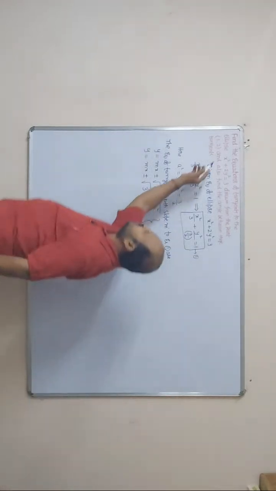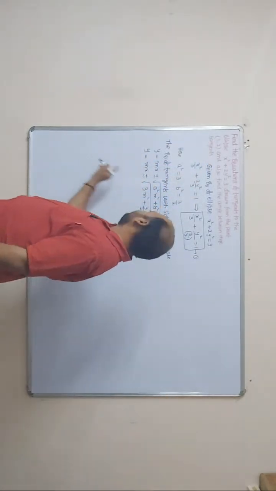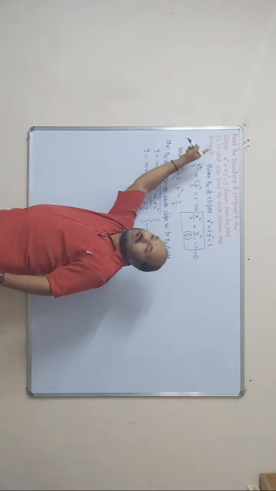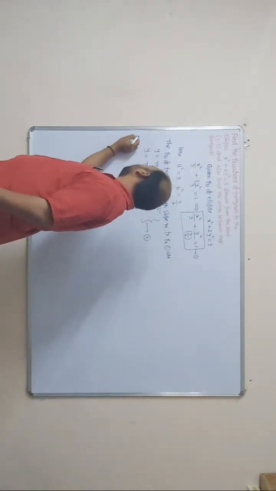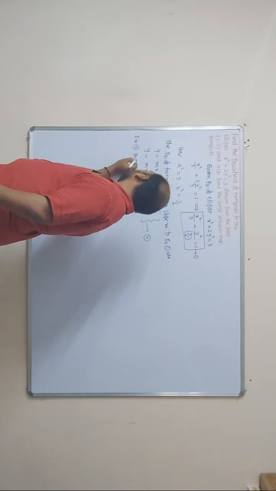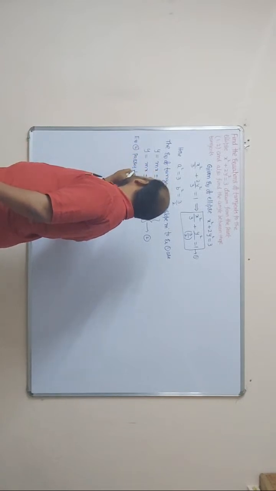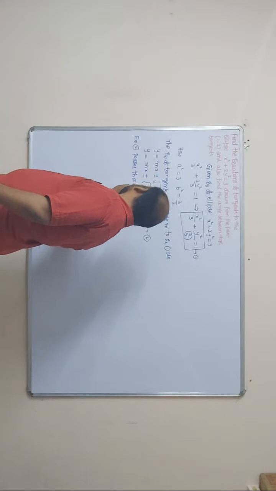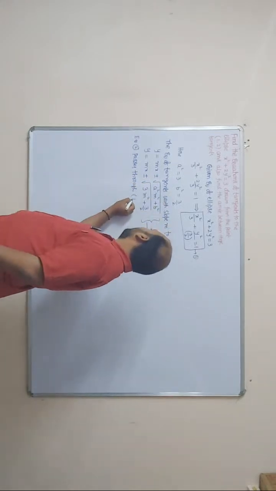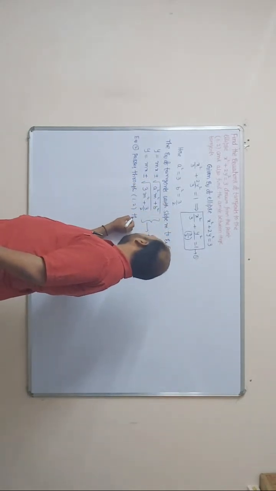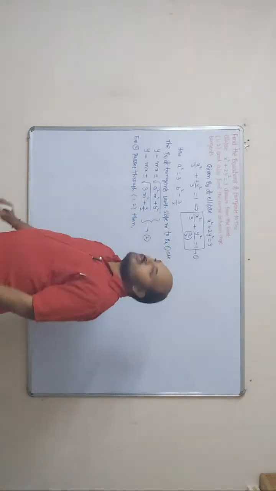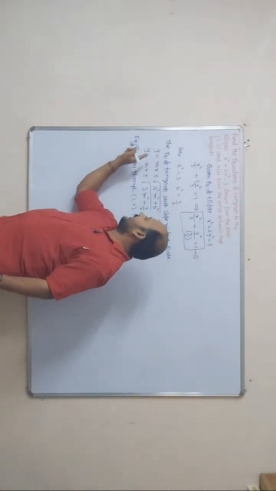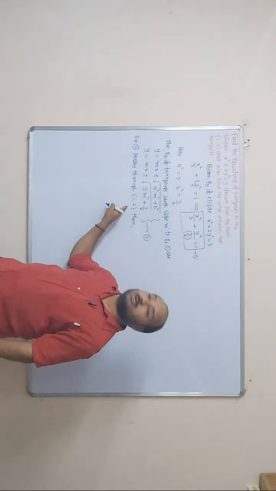This equation is passing through which point? (1, 2). In place of x and y, substitute (1, 2). Equation 2 passes through (1, 2).